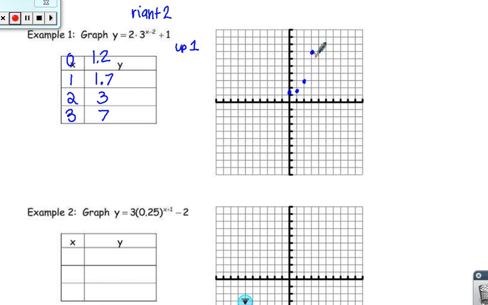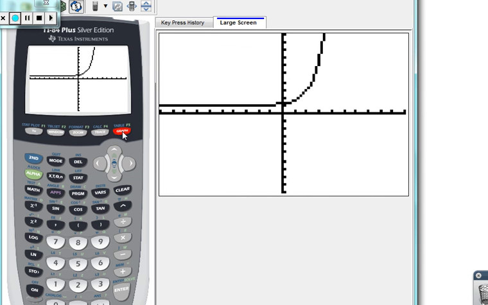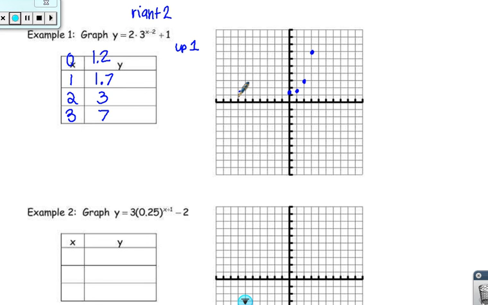And remember, when I look at the picture, this graph does not go below 1. So when I sketch this graph, I need to hover right above the 1 line. And I can draw in that asymptote. At 1, this graph will never go below it.